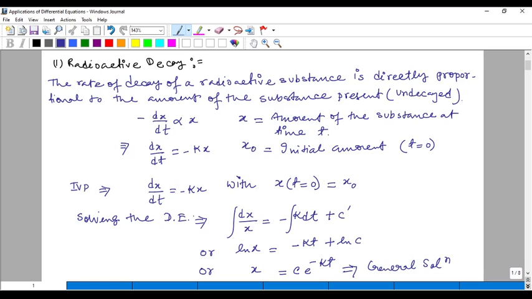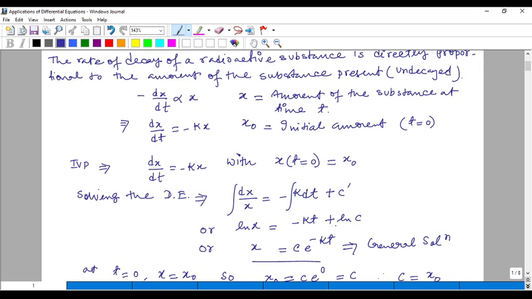Now we have to integrate this differential equation on both sides, and this c dash is the integration constant. From this equation we get the solution x equal to c e to the power minus kt, which is the general solution, because the solution contains a parameter, a constant, and this is a one parameter family of solutions.